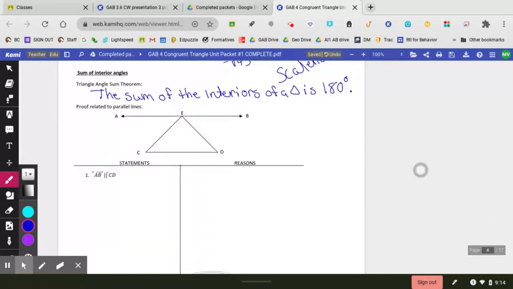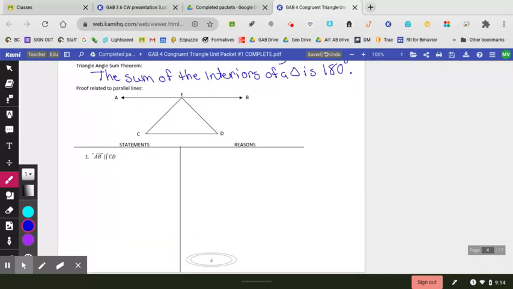One method of proving that is to start with a triangle where I know that this exterior line AB is parallel to CD. Knowing that that's parallel, I can conclude that angle C and angle BEC are supplementary.